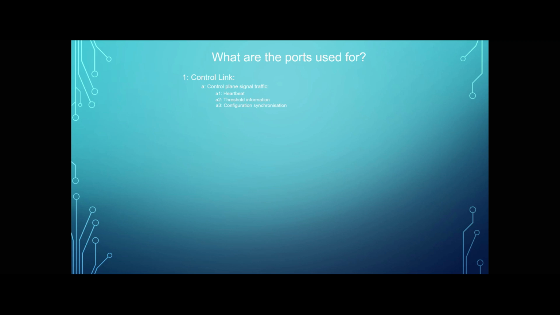Now the configuration synchronisation basically means that you do your configuration on the primary node, node 0, and it automatically updates node 1 with that configuration, so there's no need to do both systems separately. You'll see that as we configure it, because you'll see that it does a commit on both nodes.